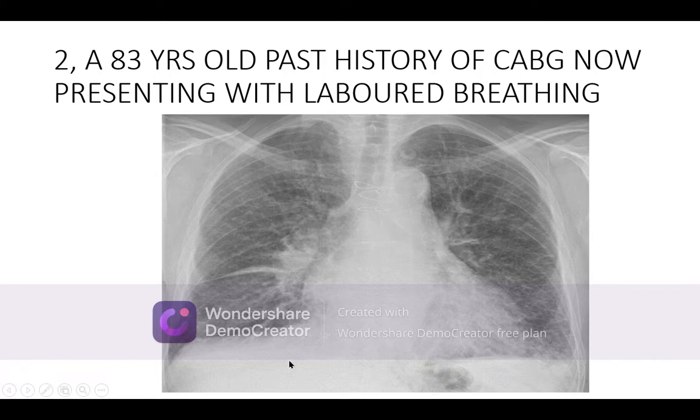Now look at this. As far as the lung field comparison is concerned, look here, the upper lobe diversion is seen, and the bronchovascular markings are very, very highly increased in number. Here there is evidence of Kerley B lines, these linear striations. These are the linear striations.